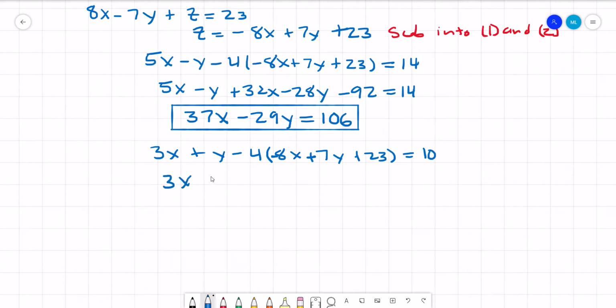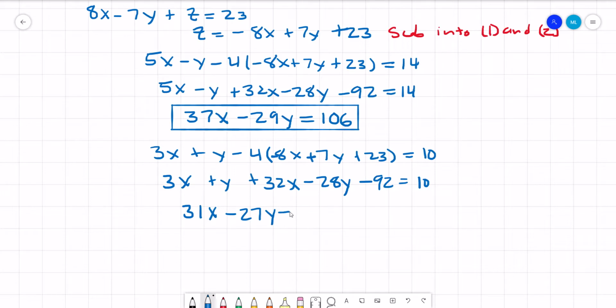So we'll write it again: 3x plus y plus 32x minus 28y, and then that's also minus 92, and that equals 10. Simplifying even further, you're going to find that it's 31x minus 27y equals, and basically we're just combining like terms, 92 plus 10, that's 102. So that's equal to 102.